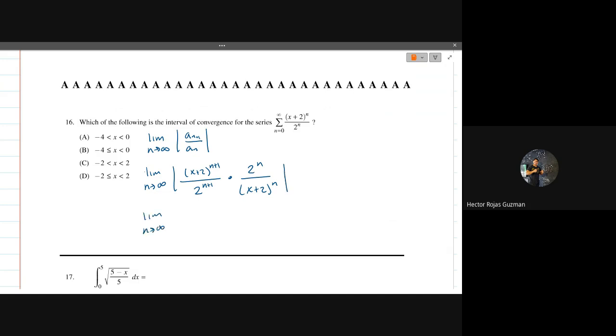The limit as n approaches infinity. Okay. This one will cancel with this one, and this one will cancel with this one. But we still have pieces remaining, right? We still have the absolute value of (x plus 2) to the power of 1 divided by 2.